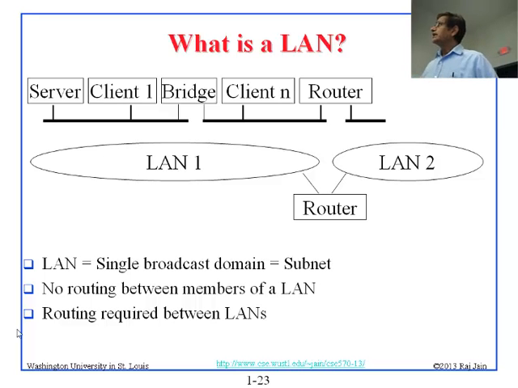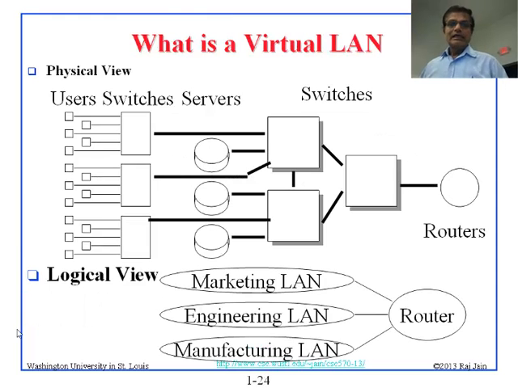So anyway, a LAN is a single broadcast domain. Agreed so far? Okay. So what if we have three departments: marketing, engineering, and manufacturing? Obviously, marketing does not want engineering to see its data. Actually, marketing, engineering, and manufacturing don't have that enmity.